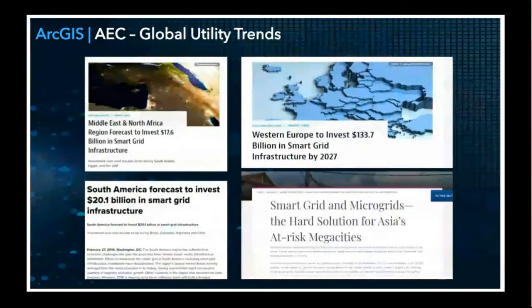So looking at global trends around the world, Middle East, North Africa, forecast to invest $17 billion on smart infrastructure. Western Europe, $133 billion. Smart grids and microgrids, and then even South America, $20 billion in smart grid infrastructure.